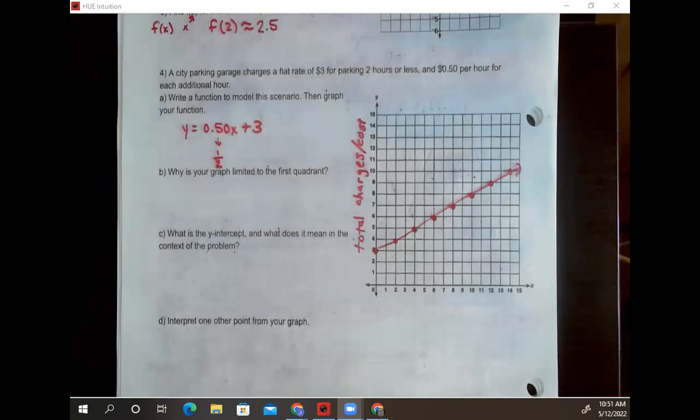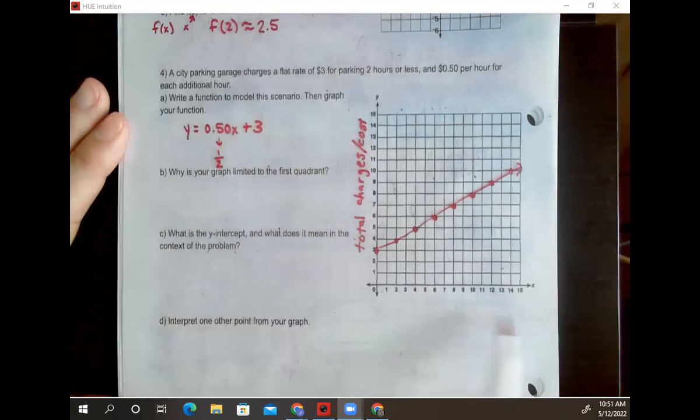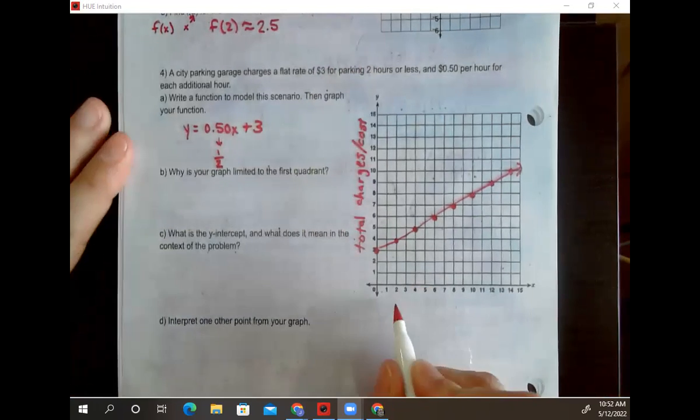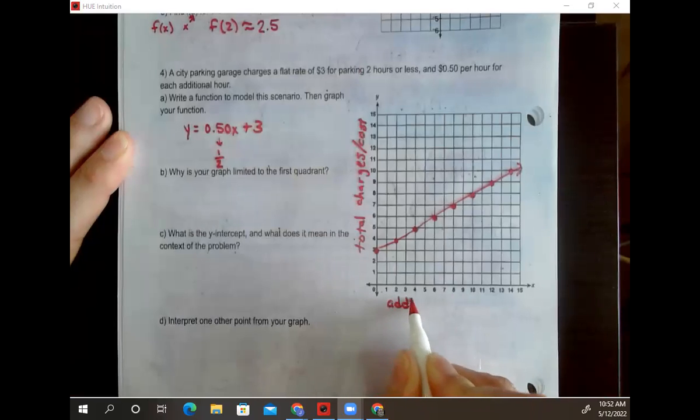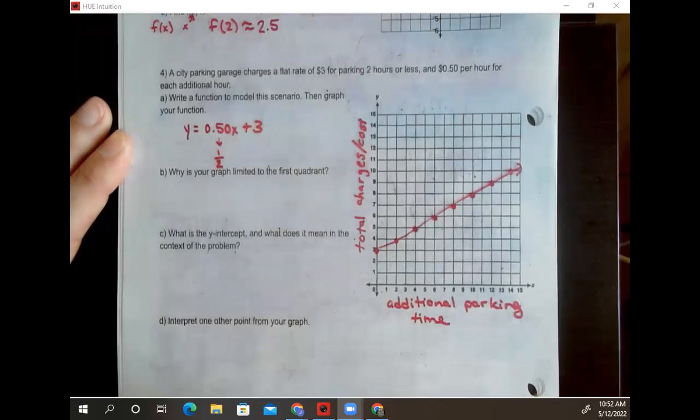It's not the total time that I've parked, because the first 2 hours are wrapped up in that $3 charge. So this is the additional time I've parked. And that's my additional parking time.